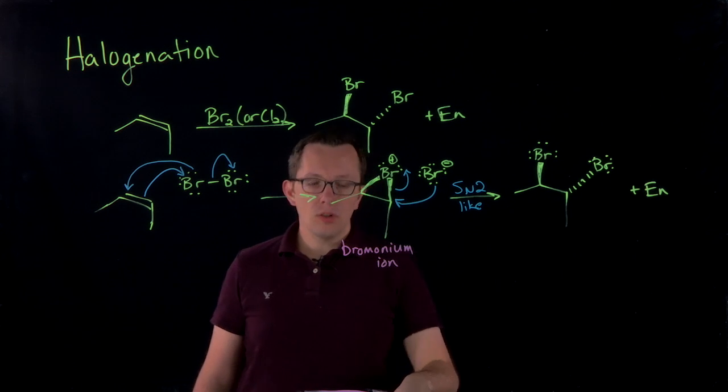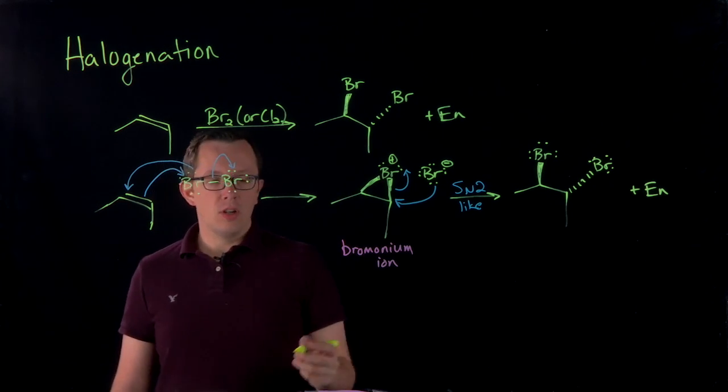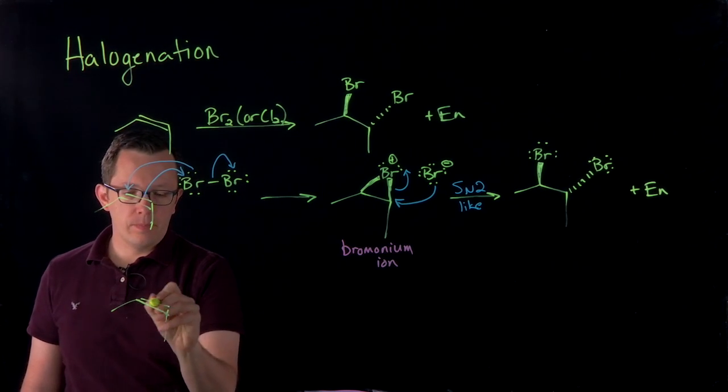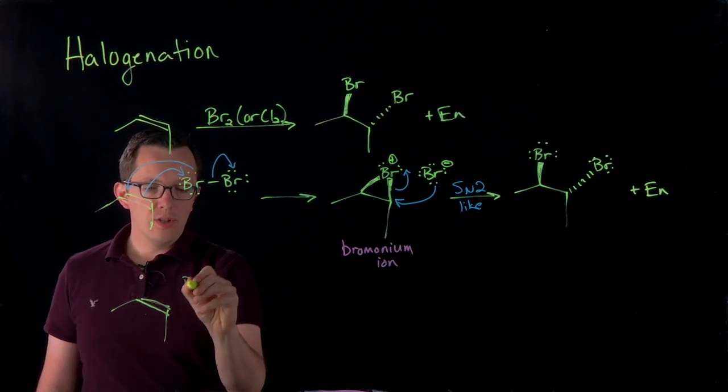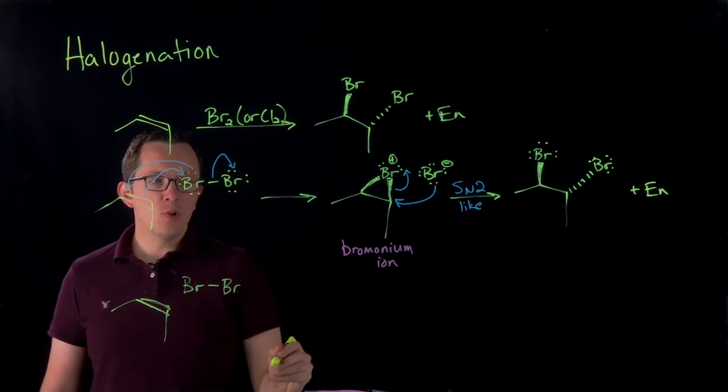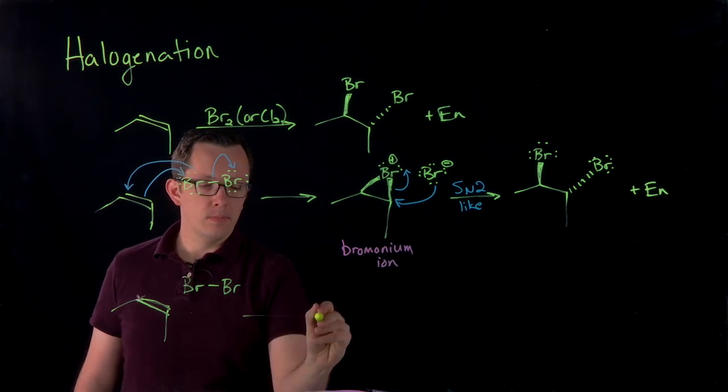Okay? So there's a variation on this reaction. So I'll go ahead and draw our alkene again. We're also going to react it with bromine. This time we're going to do it in the presence of water.